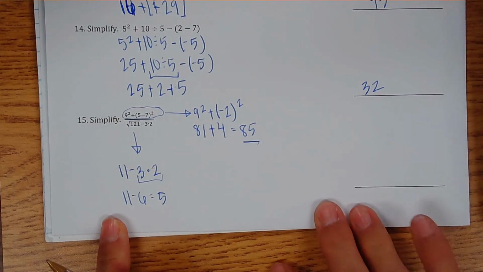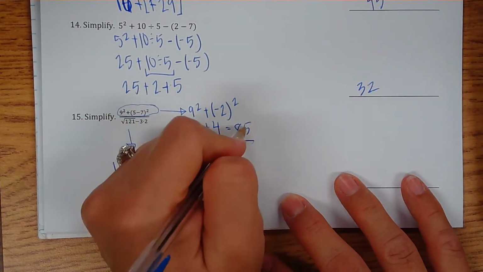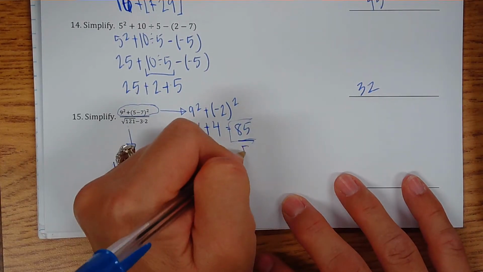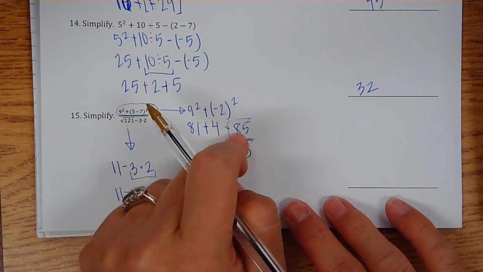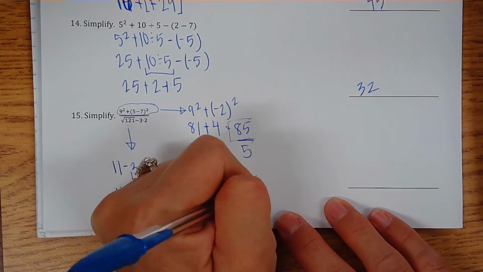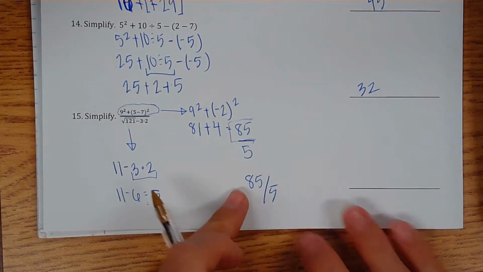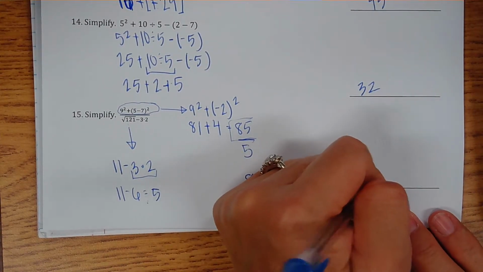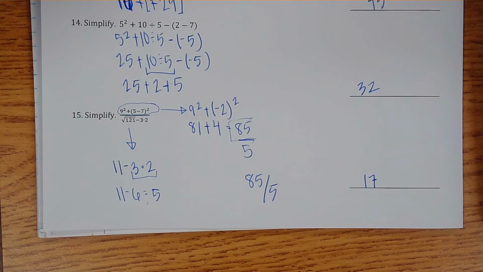So what we have now is 85 that was on top, and now on the bottom, our denominator is 5. And when we do 85 over 5, that's a division problem that can be simplified, and that would give you 17. Moving right along.